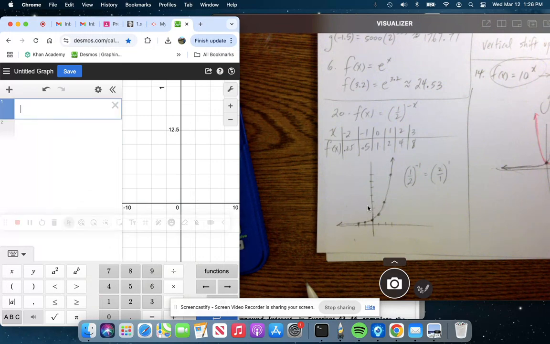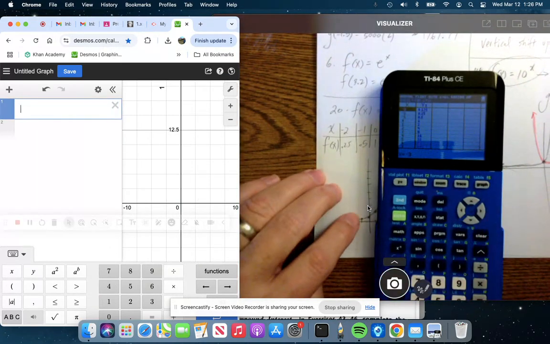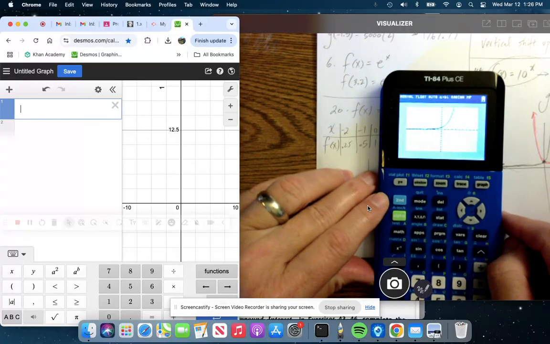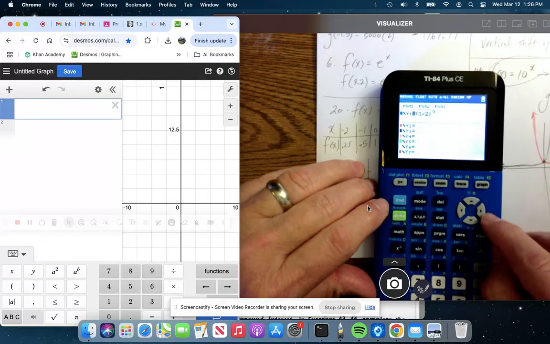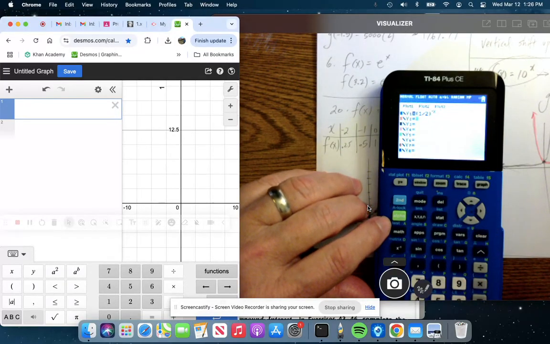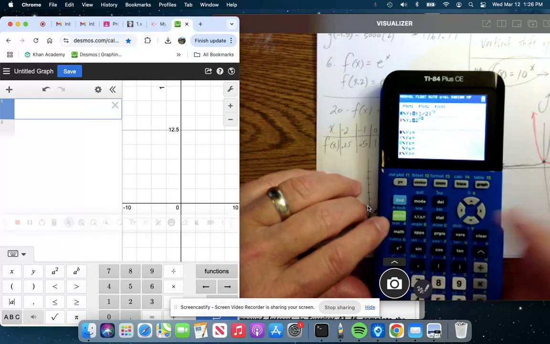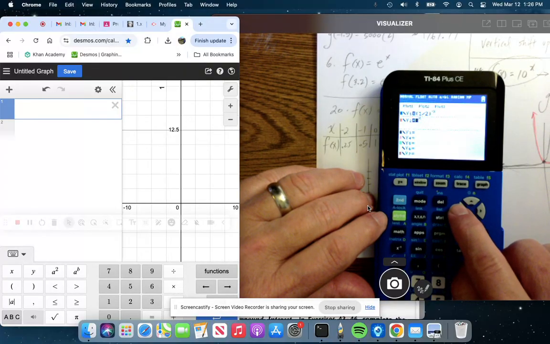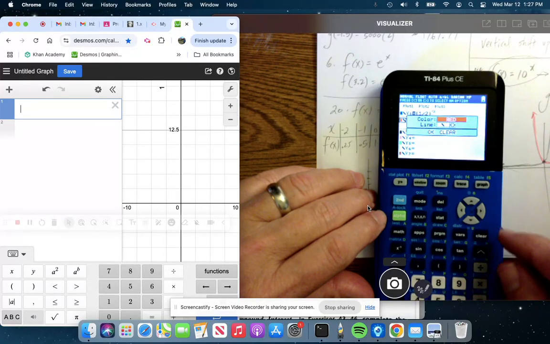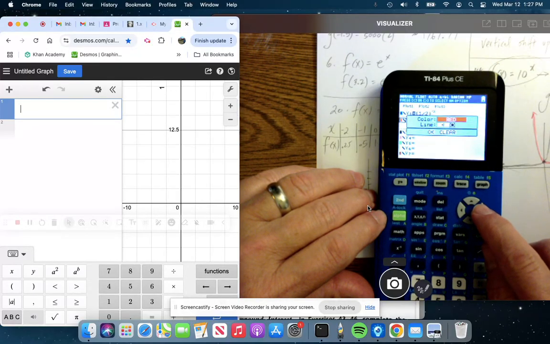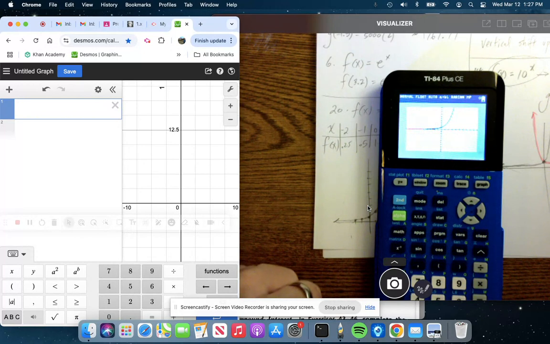So on our calculator, here's the graph that we had. That was the 1/2 raised to the -x. So if I go down here and do 2 raised to the +x, I'll show you a new trick. I can make the line different. I'll make it have this circle thing. All right, so now graph, here it comes.